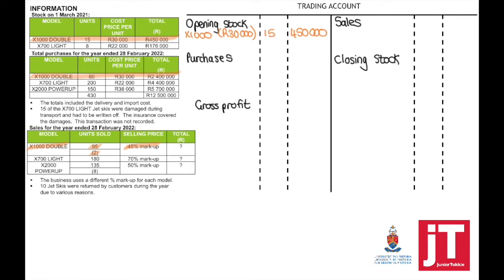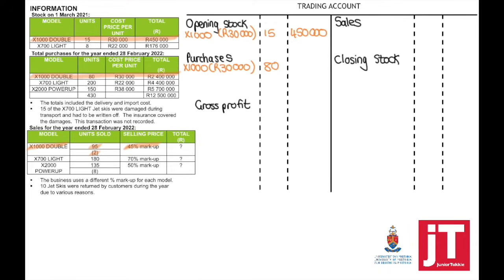The total is given to me, 450,000. Plus the purchases. The cost is 50,000. 80 units were purchased, and if you look at the additional information, there were no returns with regards to the jet skis purchased from the supplier.